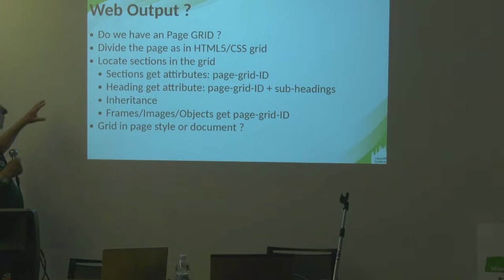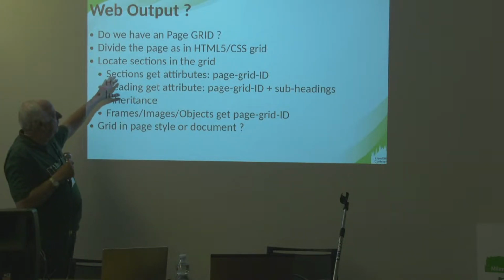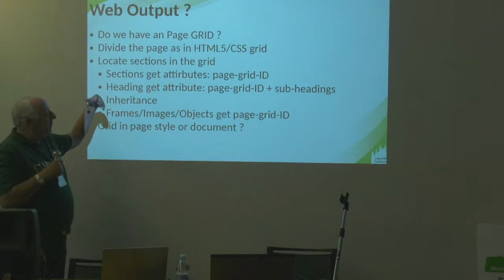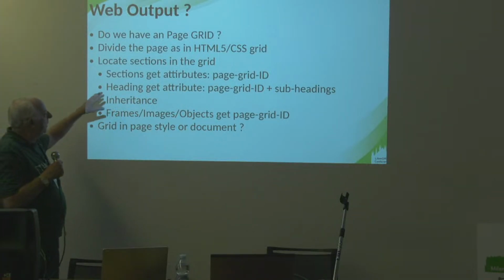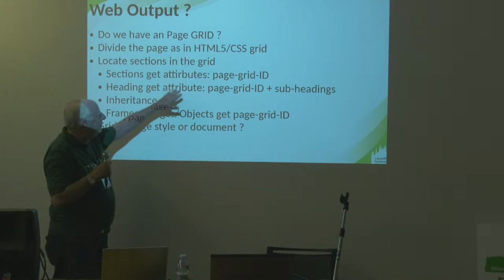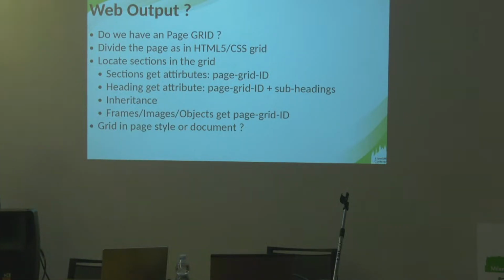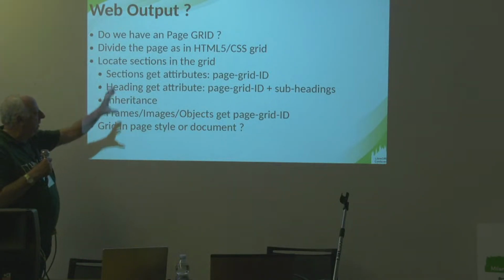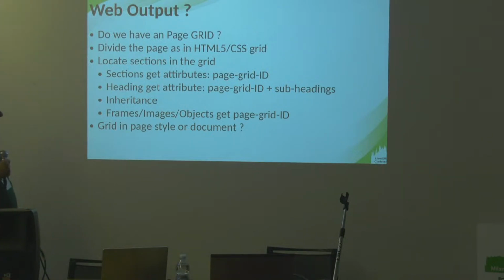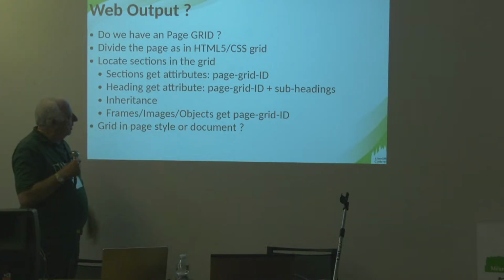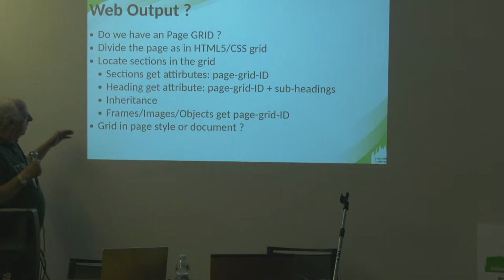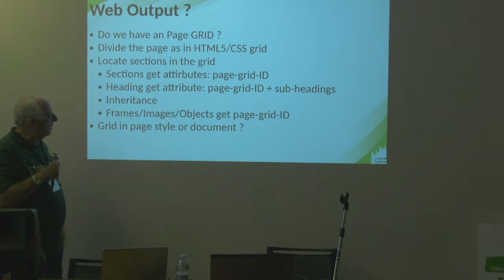Okay, so we can have elements of the document get a new attribute, which is the page grid ID, so that I can position sections, headings, and objects in the grid I want in my web page, and get some other information, such as working on inheritance, working for frames, images, and objects, and evaluating if the grid is in the page style or is in the document, which I have not yet thought about.